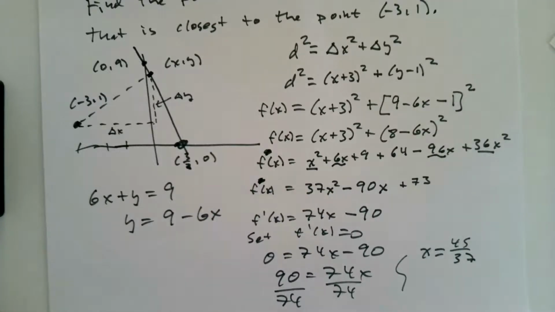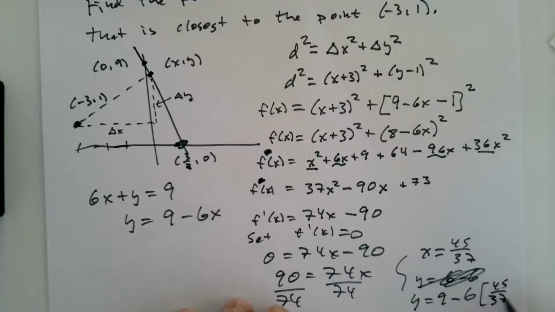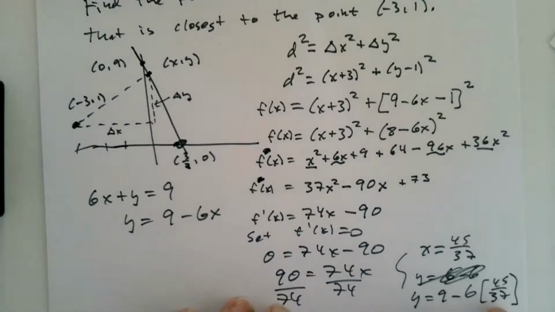And to get the y value, y is 9 minus 6 times 45 over 37. Which is, I don't know, close to 2.